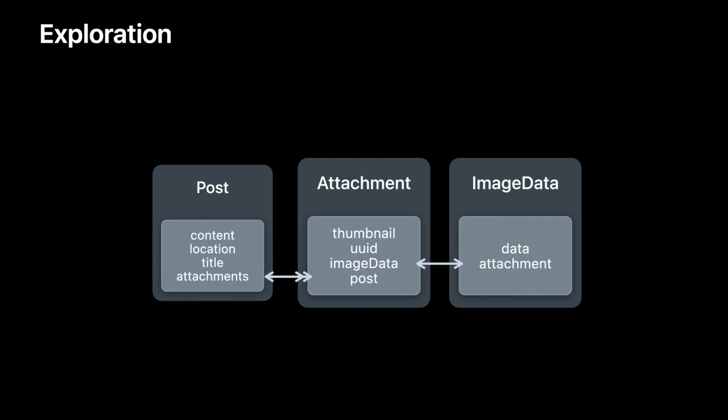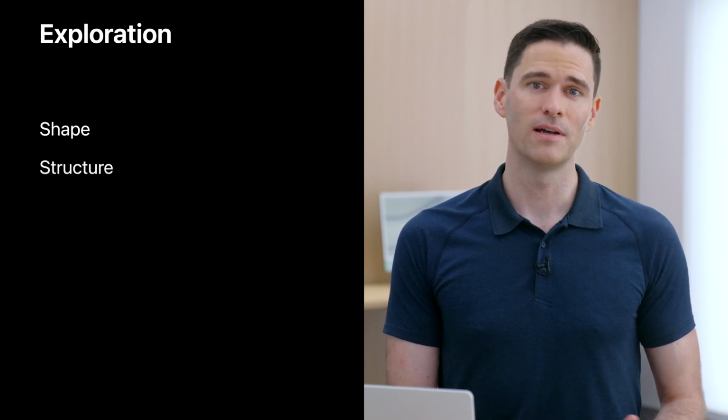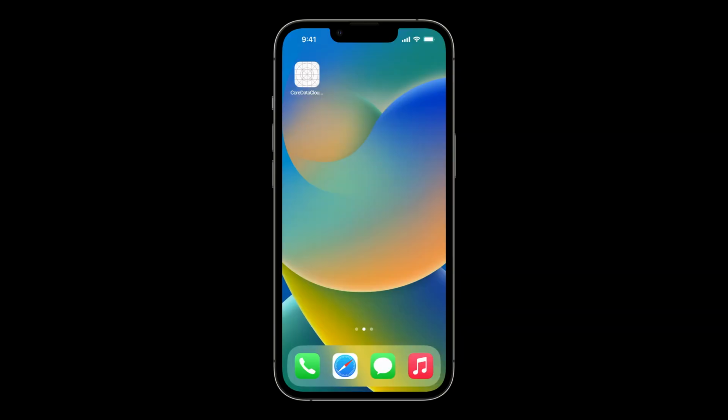The image data is therefore stored across a 2-1 relationship, so that it can be loaded on demand. And I'm going to focus my exploration on that data set, specifically what happens to the sample application as I change the shape, structure, and variance of that data.